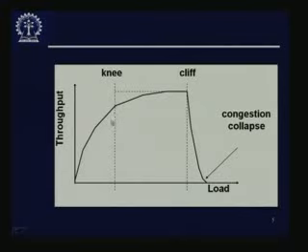Then there is an area where the throughput does not increase any longer, and if you increase the load beyond that, there is a catastrophic fall in the throughput. This part is known as the knee, and this part is known as the cliff, and this catastrophic fall is called congestion collapse.